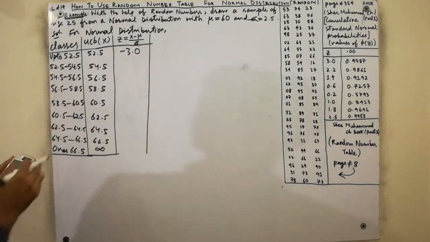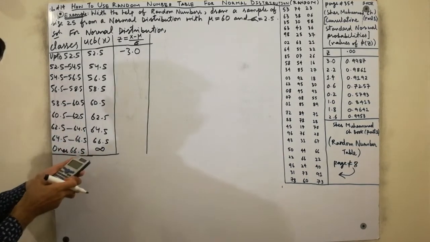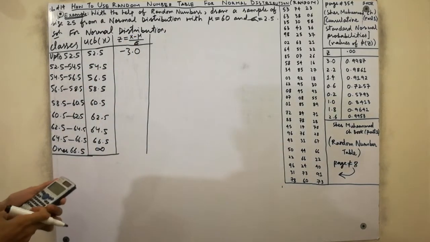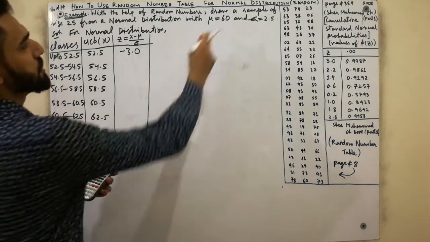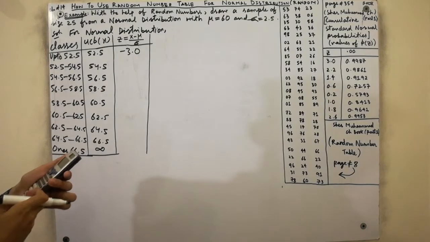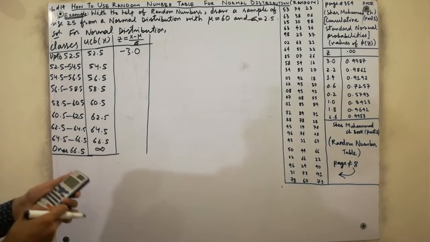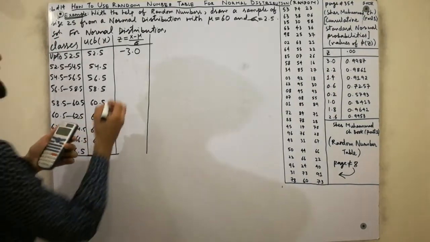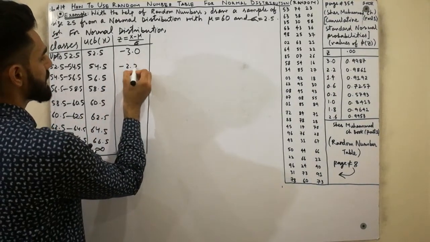Next, 54.5. The x value is 54.5 minus 60, the mean value is 60, divided by sigma 2.5. We get minus 2.2.